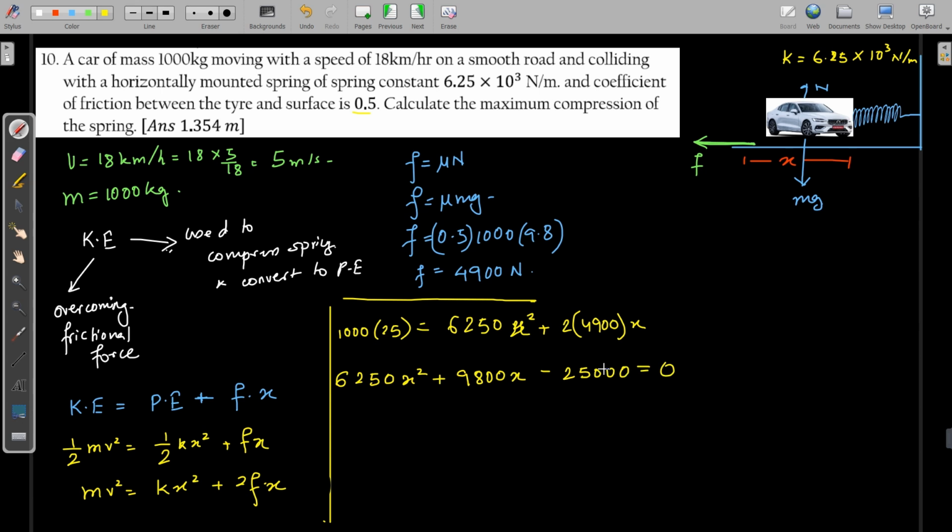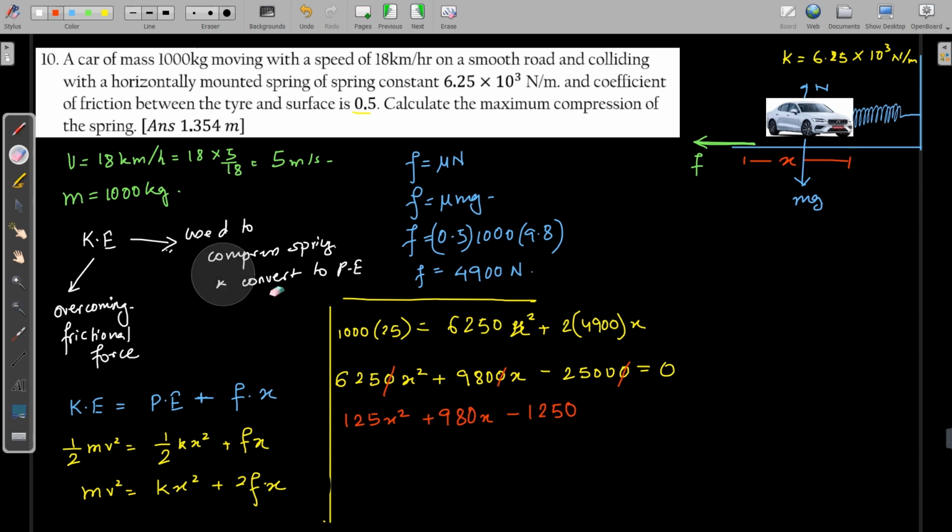So from here, we can cancel 0, right? And then if we divide by 5, just see, we get 125 x square plus 980x minus 1250, correct?